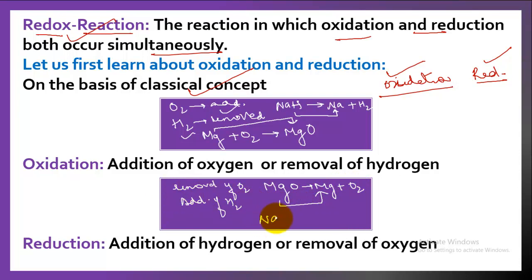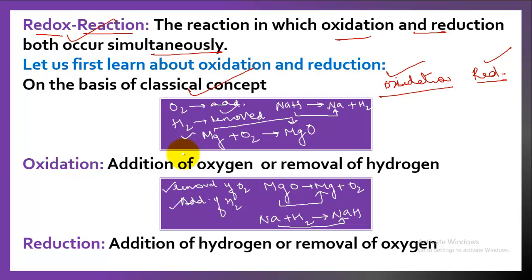And if we have sodium and hydrogen is added to it, and as a result hydrogen gets bonded to Na, in this case sodium is getting reduced. So I think you got it: oxidation is the addition of oxygen or the removal of hydrogen, and similarly reduction is the removal of oxygen or the addition of hydrogen.